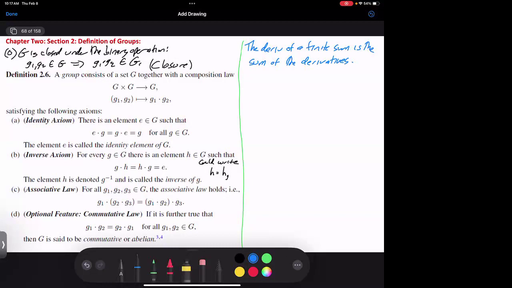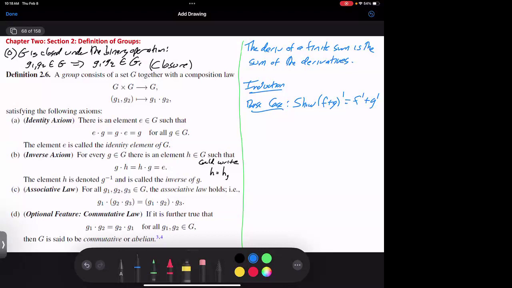And the way you prove this is by induction. And you first do the base case. You show (f plus g) prime is f prime plus g prime. So hopefully you saw that in your calculus class. And basically you just show the limit of a sum is the sum of the limits, so long as at least one of the limits is finite.